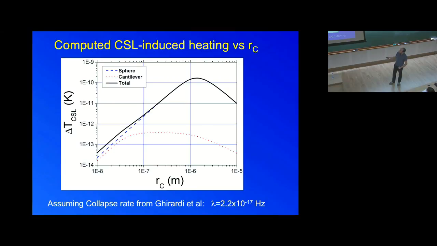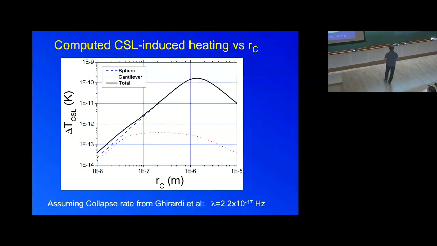If you change lambda, of course, this scales with lambda, because remember in the formulas of the CSL, the lambda is multiplying the noise, and then the increase of temperature is proportional to lambda.